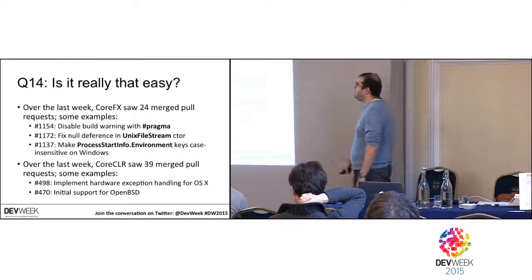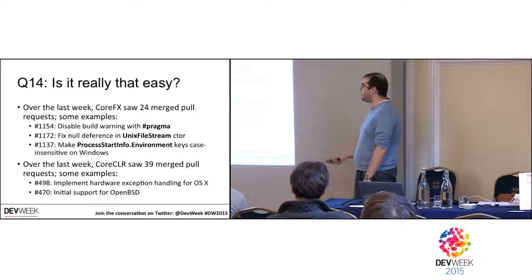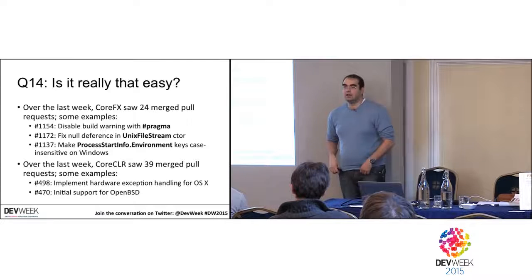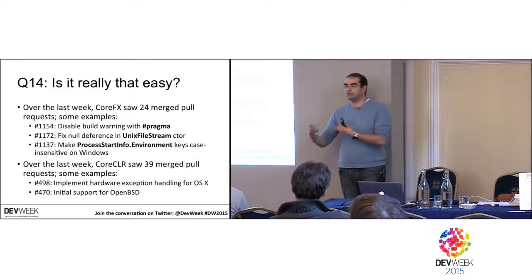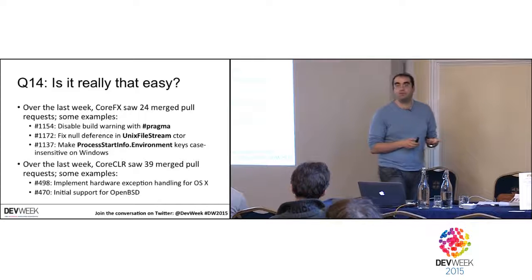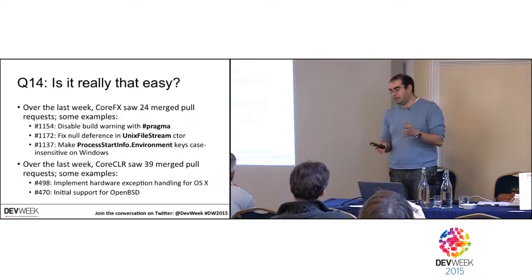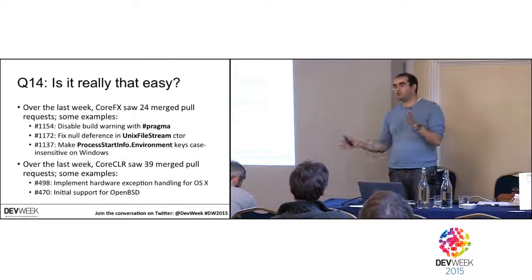Core CLR had pretty incredible contributions, and one from last week is support for OpenBSD. Now, it says initial support, which means it compiles and runs a hello world, but it does so on OpenBSD, which is not a platform Microsoft originally deployed for. Now, it's not like someone just ported 2 million lines of code.